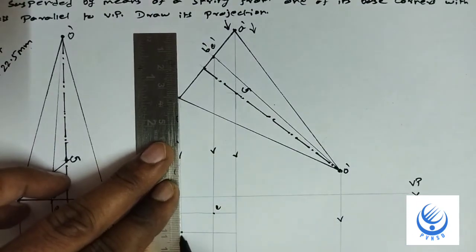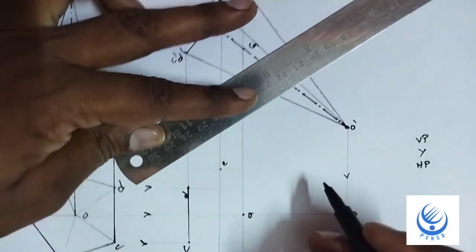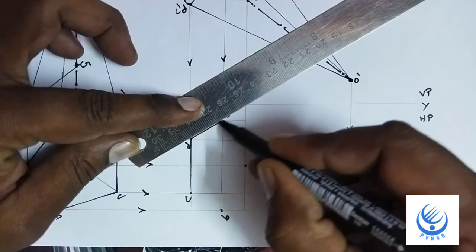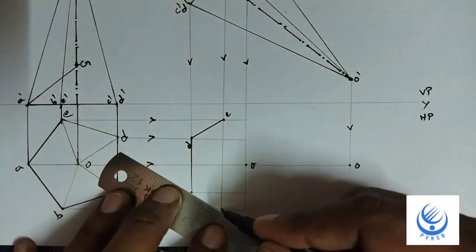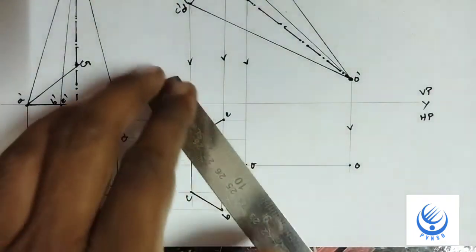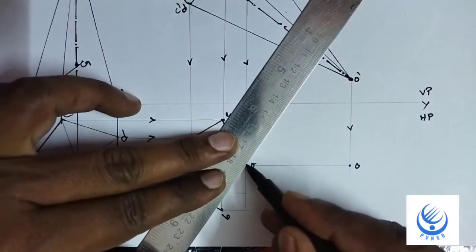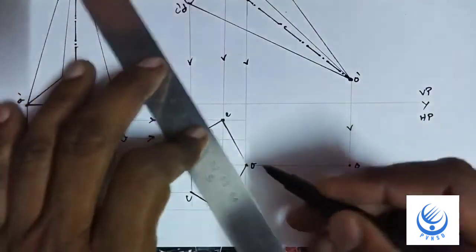First to join the base, full and fully visible. Base is full and fully visible. So you join dark lines.